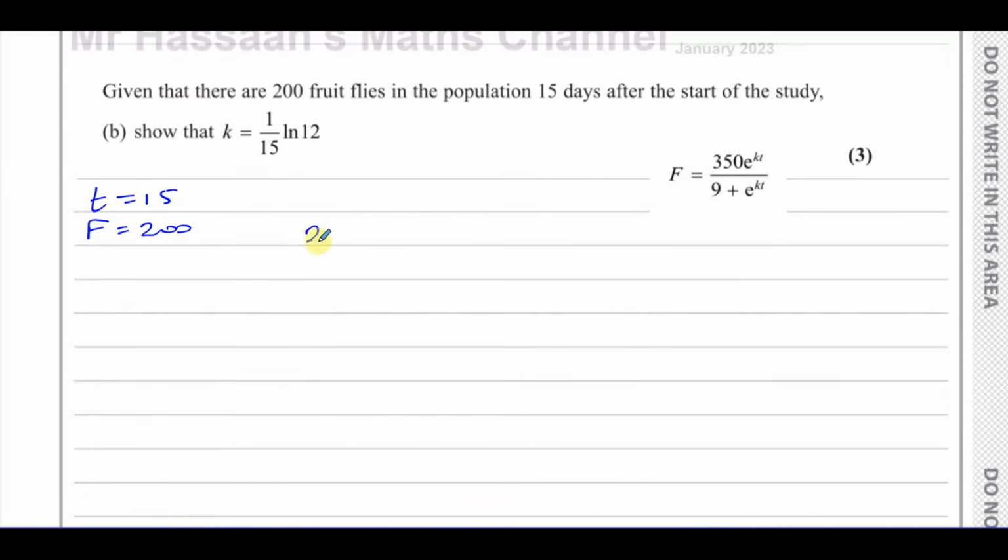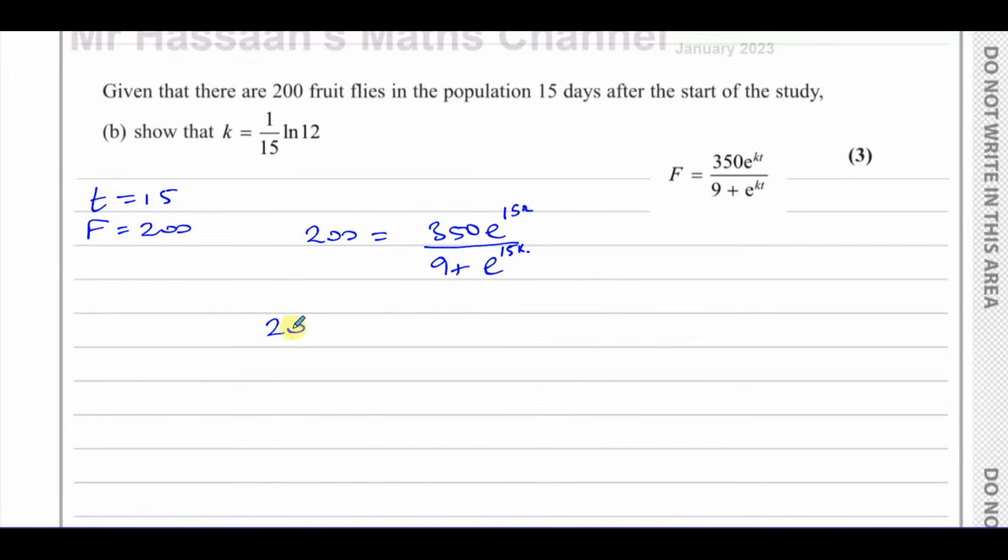So we have 200 equals 350 times e to the power of k times t, so it's going to be 15k, divided by 9 plus e to the power of 15k. We have to solve this equation. What we can do is multiply both sides by 9 plus e to the power of 15k.